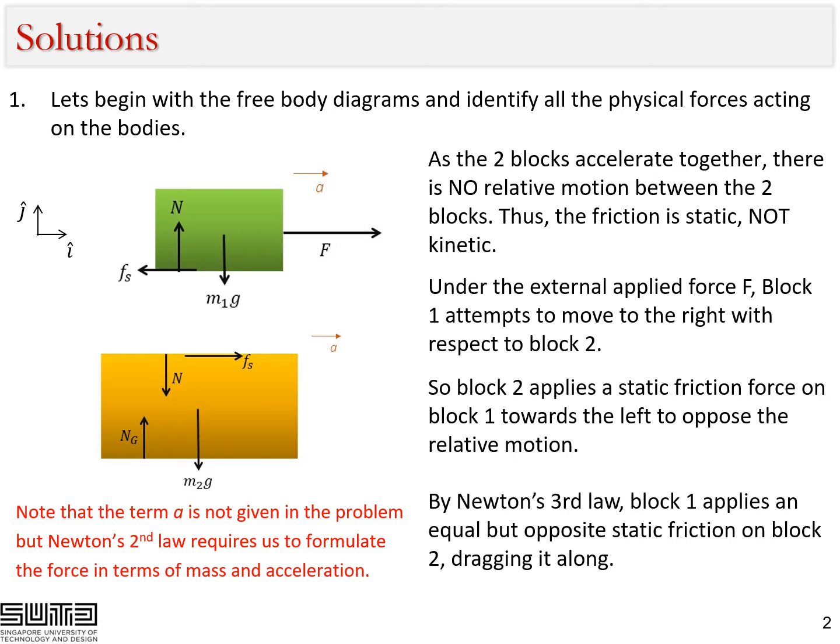For the lower block, colored orange, we have the following forces. The normal force N exerted by the upper green block on the orange block, and the frictional force F of s, and note that it is acting in the opposite direction to the frictional force on the green block, as the frictional force on the orange block is due to the potential motion of the green block.